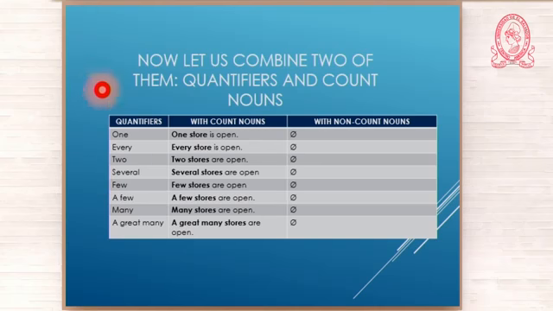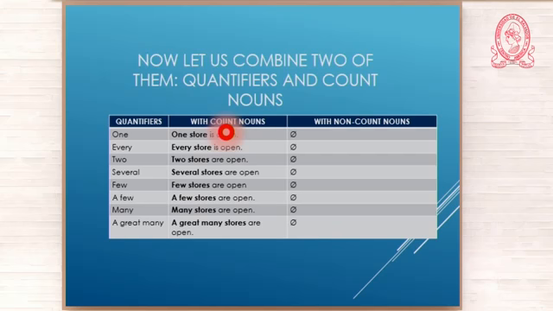Let us see the other column. What do we have here? We have store. What is store? Store is a count noun. That is something that you can count. So you may say 1 store, 2 stores, 3 stores, and so on. But one is a quantifier. There are some others, as we have seen. So we have every store.